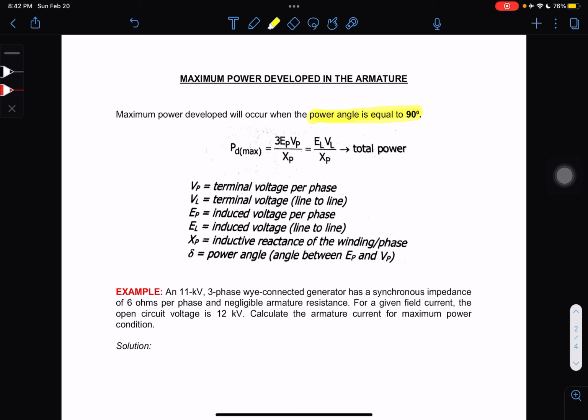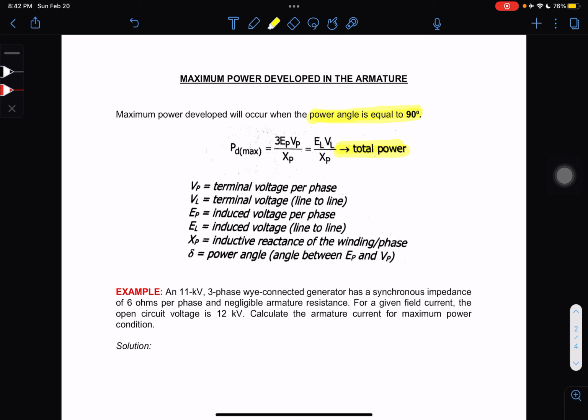So take note. So we have here our formula. So power developed maximum equals 3 multiply sa EP VP over XP. So same ra but wala na tong power angle nato. So equal na siya sa 90, di ba? So sin 90 is 1.